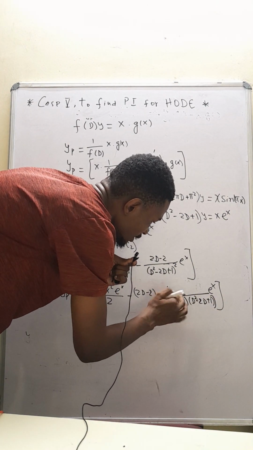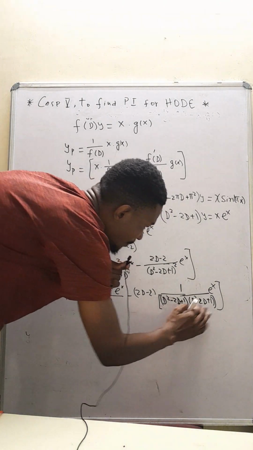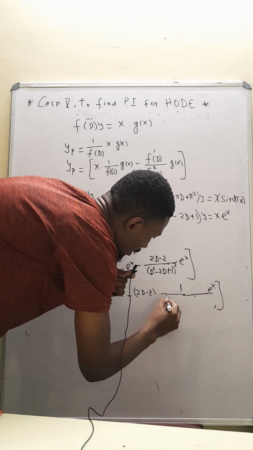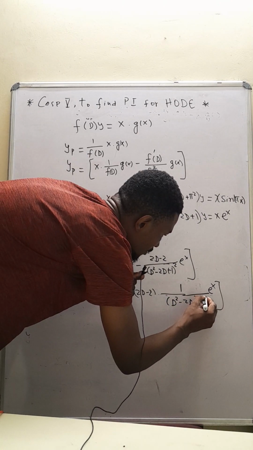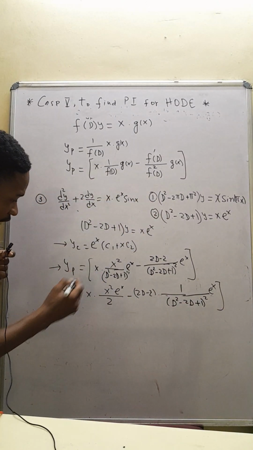Let me just do this in a simple way. I will just split this guy, minus 2d plus 1. Now see, I will split this guy.